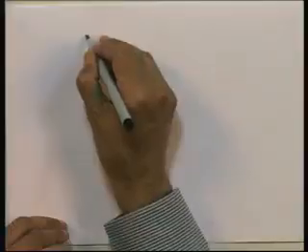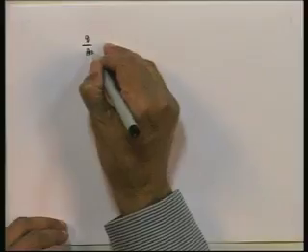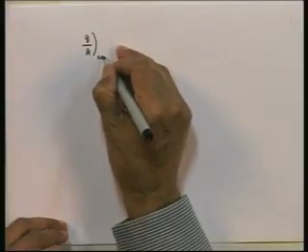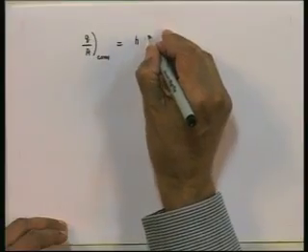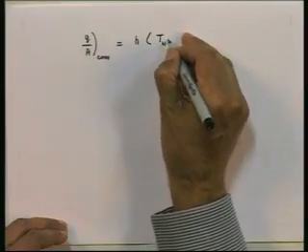Then what will be the value of T_w that we will get? If I apply Newton's law of cooling, I have Q by A by convection equal to h into (T_w minus T_f).